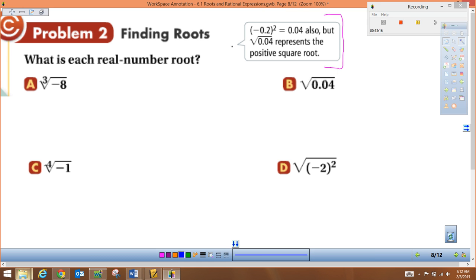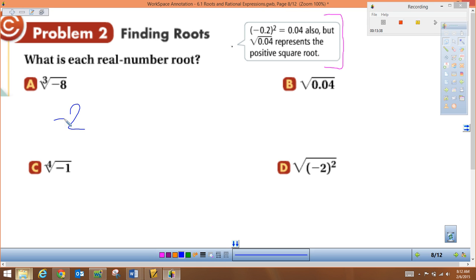So it's still safe to put the negative answer, but we're going to be putting probably just the positive answer from here on out. So let's look at the first example. What is each real number root? Go ahead and look at your chart if you must. We know that the cubed root of 8 is 2, but the cubed root of negative 8 is negative 2.